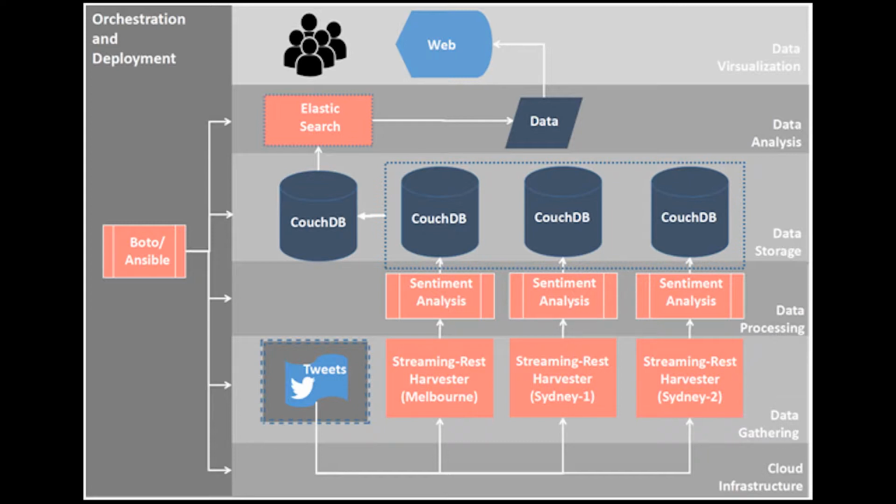Then we store the data into our CouchDB based data storage layer. And then we use Elasticsearch to retrieve data and make it available for the data visualization. And then our web can use it to present you the very specific front end.